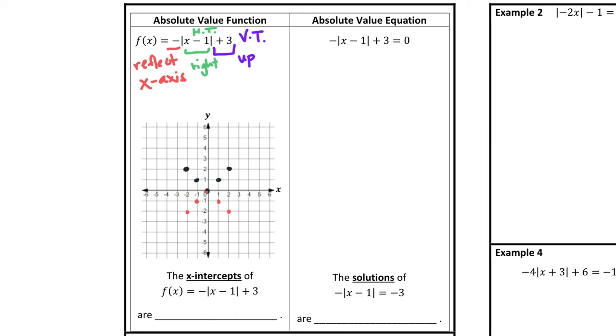And then I'm going to move everything to the right one, or I'm just going to move the vertex to the right one and up 3. So 1, 2, 3. That's going to be my point. And then I'm going to draw the other points and draw my graph.